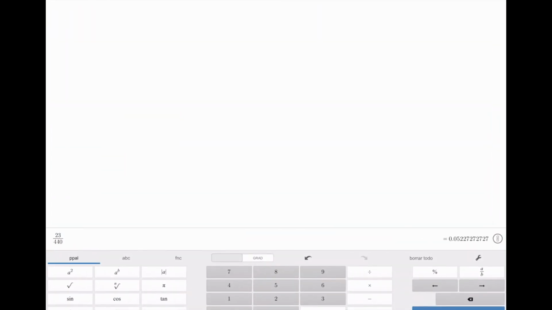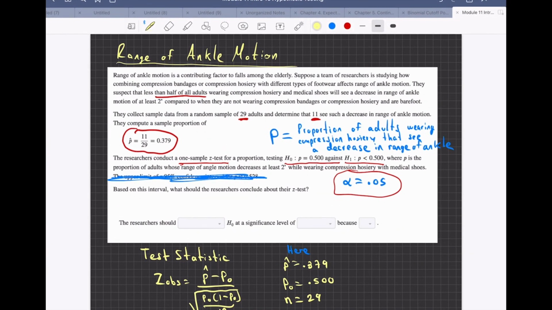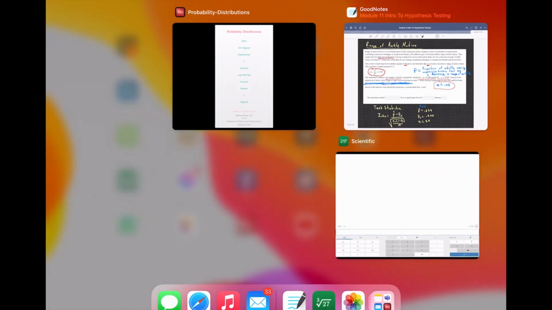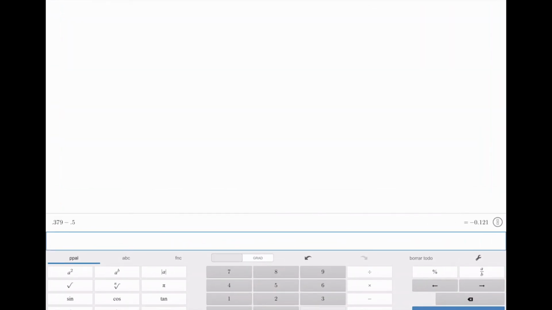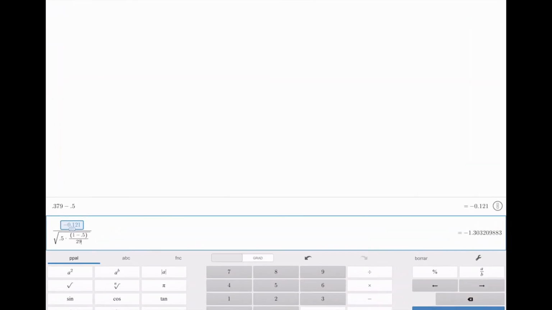First, I compute 0.379 minus 0.5, divided by the square root of 0.5 times 1 minus 0.5 divided by 29, negative 1.303.